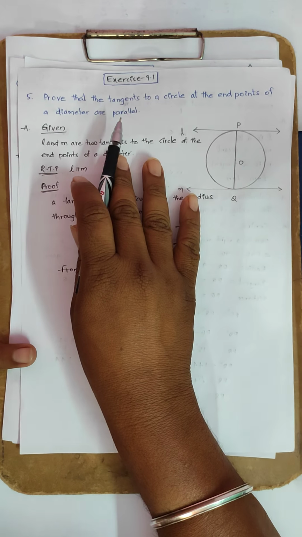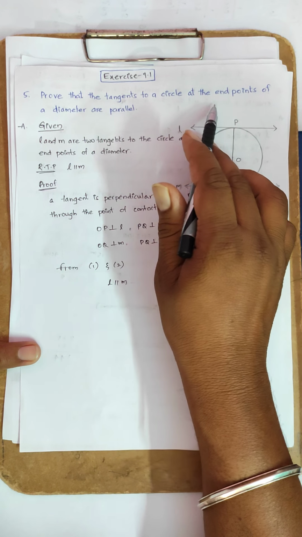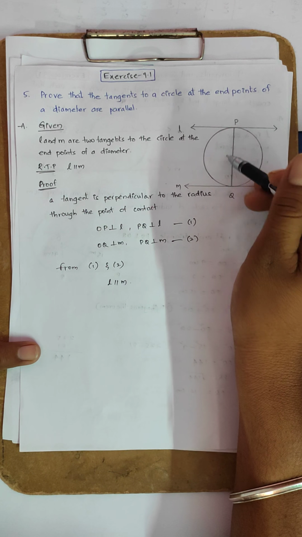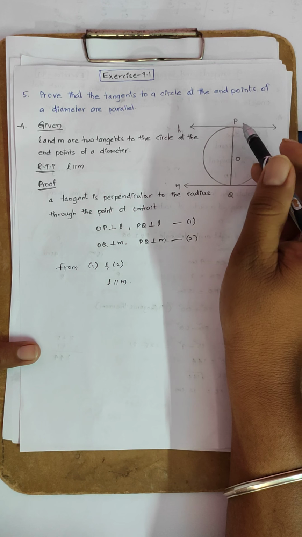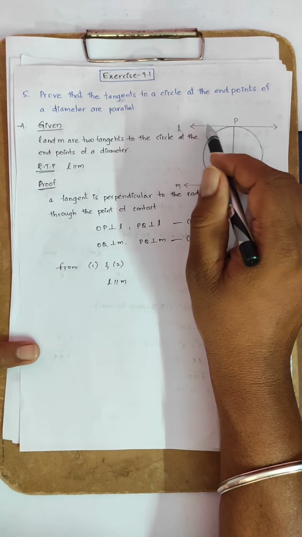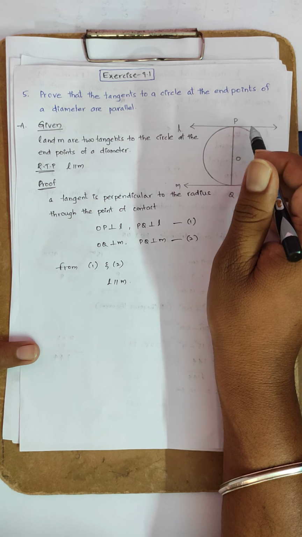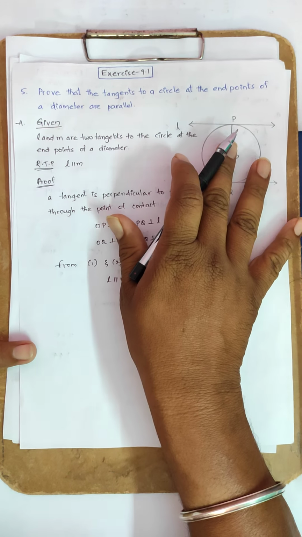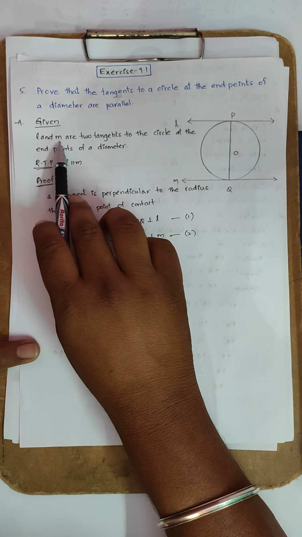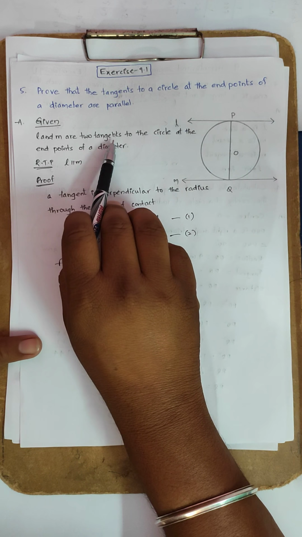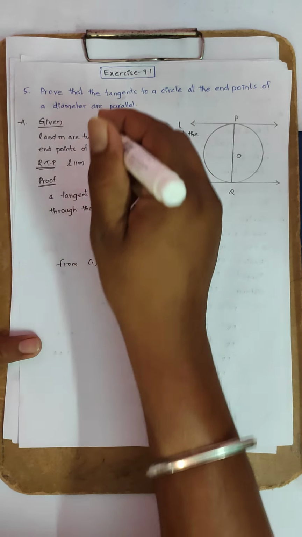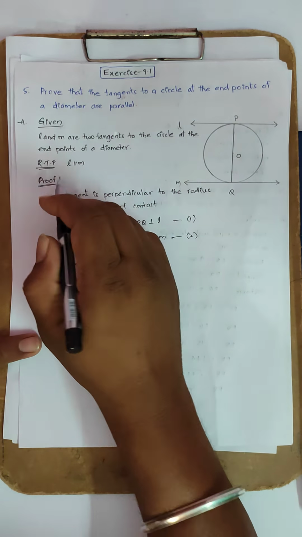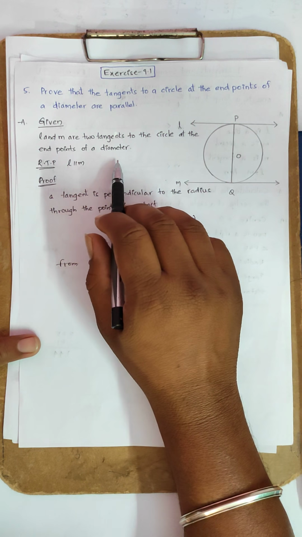Prove that the tangents to a circle at the end points of a diameter are parallel. Using the end points of a diameter, we build two tangents, and we are asked to prove that the two tangents are parallel to each other. Given: L and M are two tangents to the circle at the end points of a diameter.